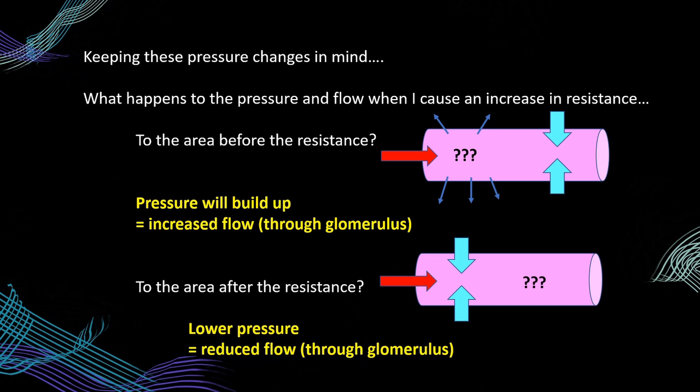And it will increase flow through the glomerulus and cause more glomerular filtration. However, if I vasoconstrict before the glomerulus, then the pressure of the glomerulus is going to be much lower behind that vasoconstriction point, and I'm going to have reduced flow through the glomerulus and reduced filtration.